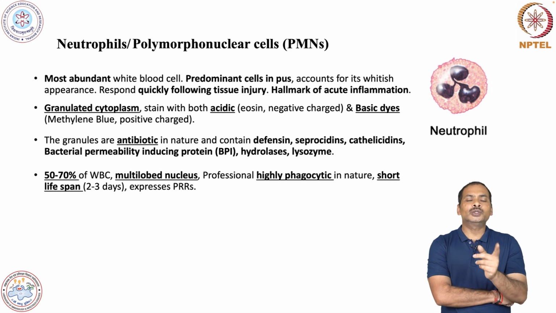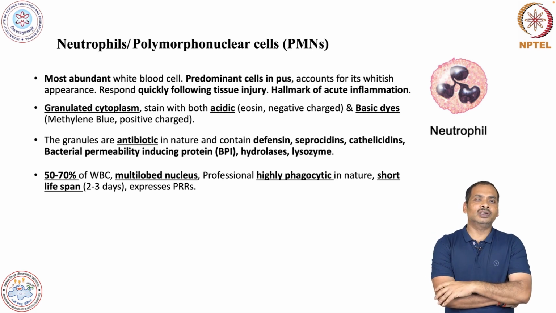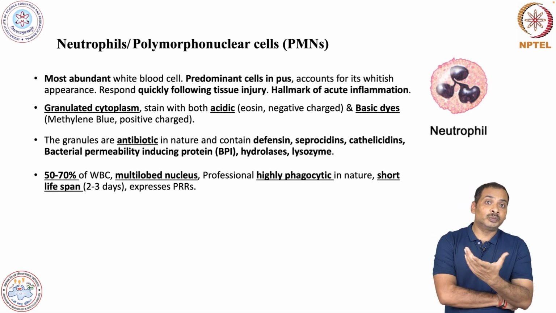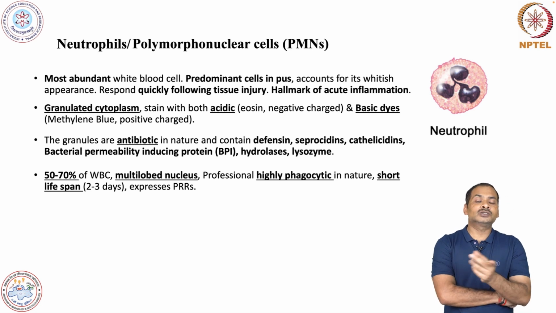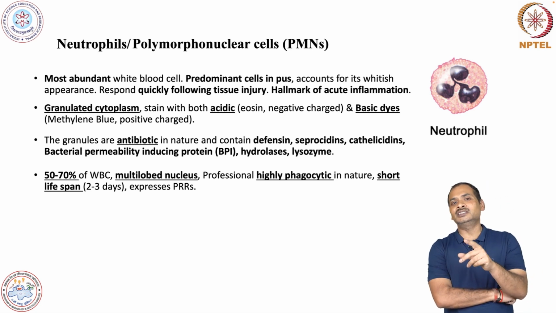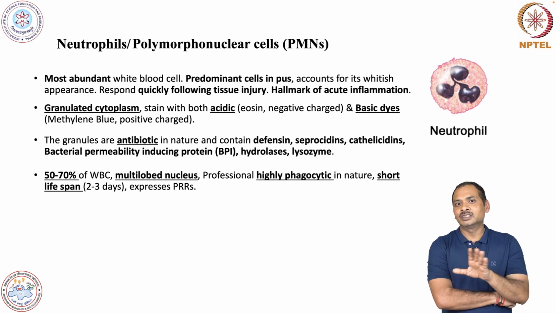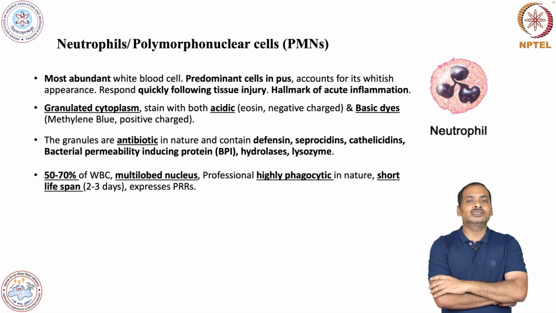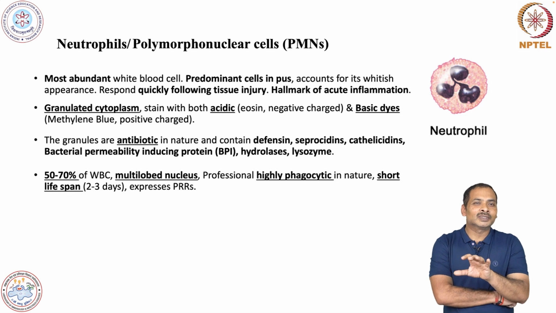The only way for the pathogen to escape is to kill the neutrophils, then the microbial pathogen can escape. Otherwise, the microbial pathogen cannot escape. It's a very aggressive killer.